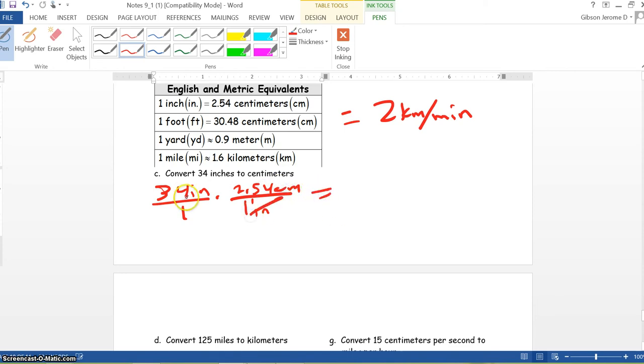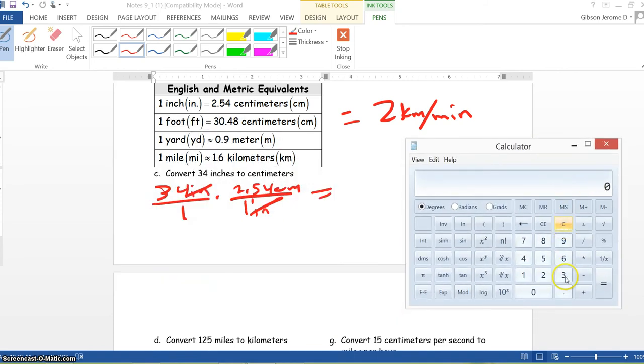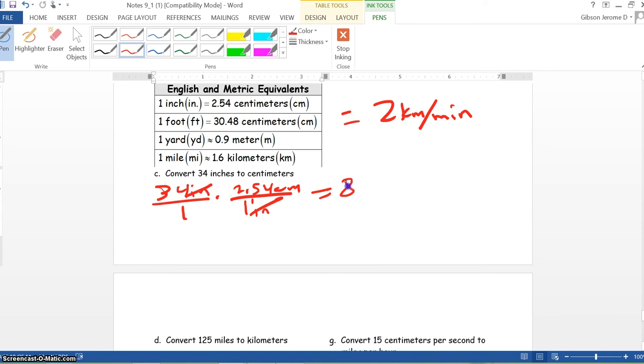Now these inches will simplify out, and then we would take our calculator and we will multiply 34 times 2.54, and that will give us 86.36 centimeters, because our denominator would be 1.